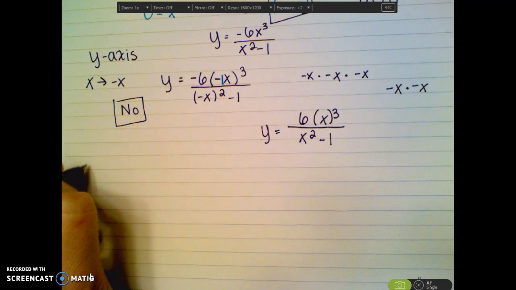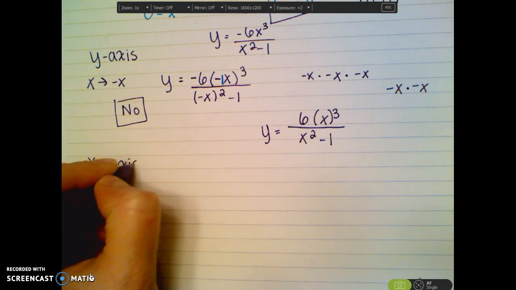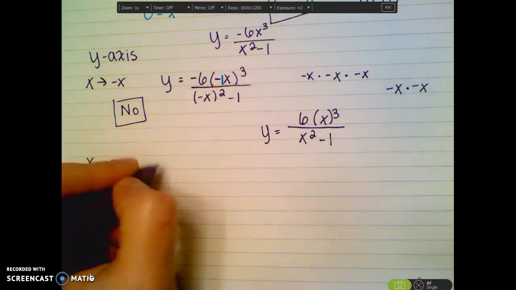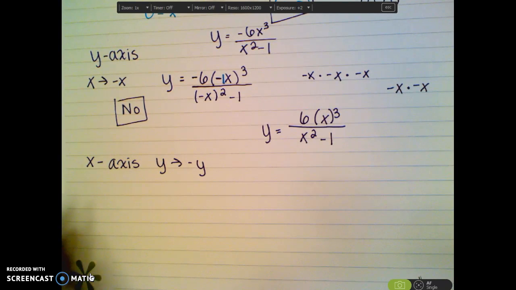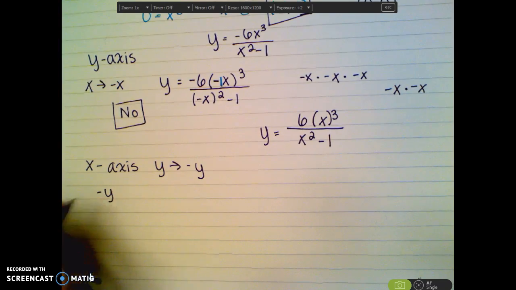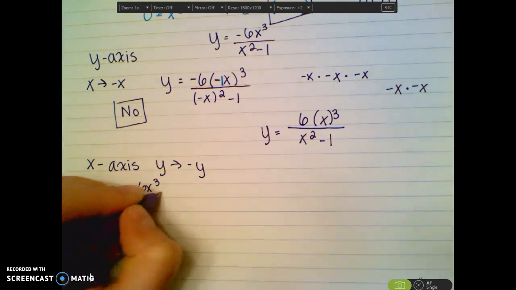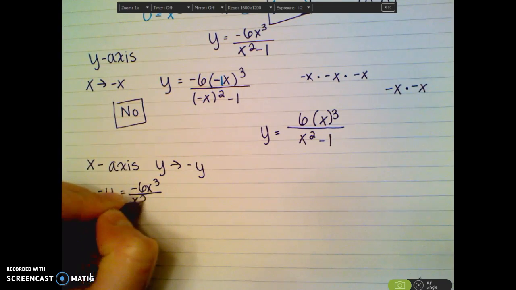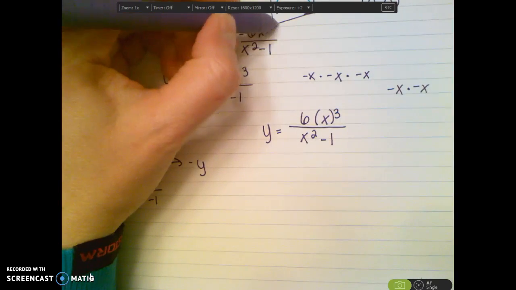Okay, let's check for x-axis symmetry. And in order to check for x-axis symmetry, we replace a y with negative y. So where the y is, we're going to substitute negative y equals negative 6x cubed over x squared minus 1. So this is our original, sorry.